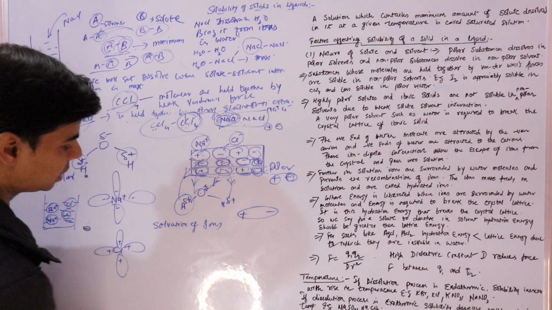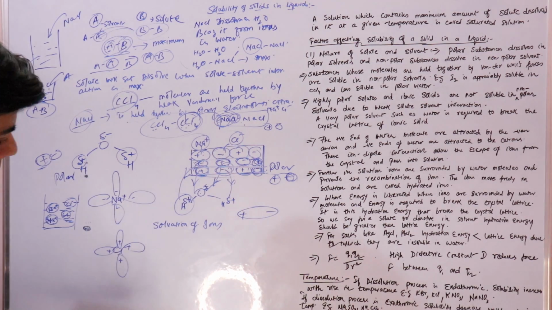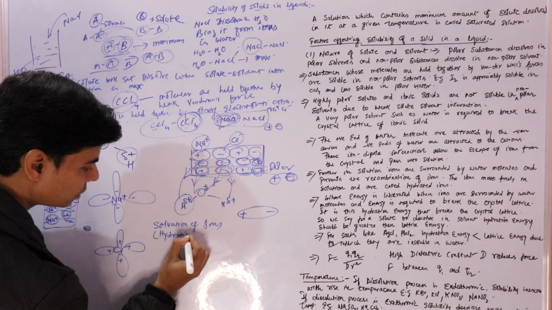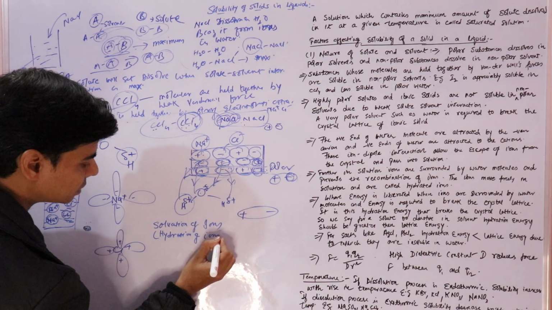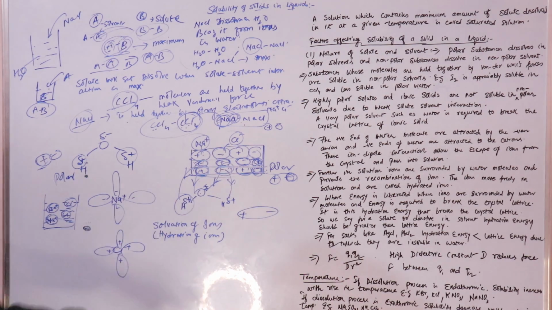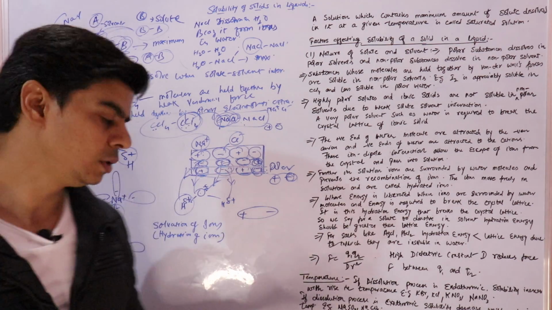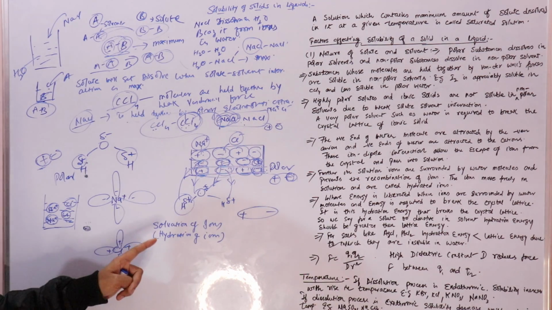Since we are using water here, it's hydration. We call it hydration of ions. And how do we define it? Hydration of ions is where water molecules surround the oppositely charged ions.